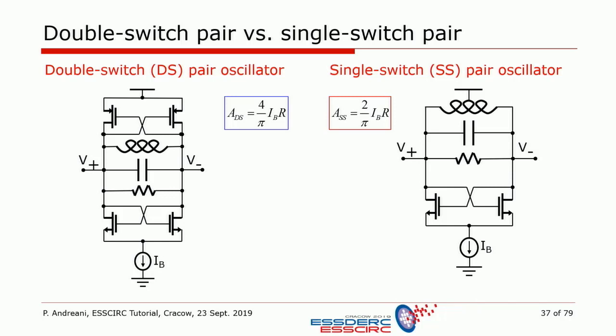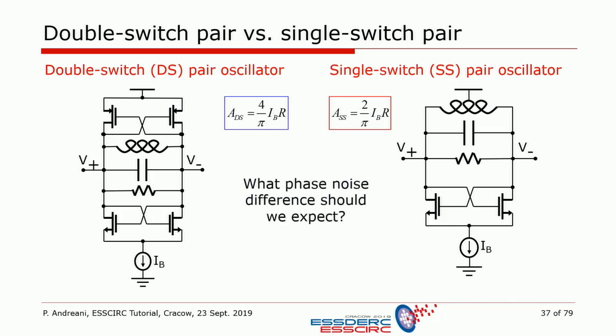We also remember that if we have enough VDD and everything is exactly the same, then for the oscillator on the left with a simple differential pair, the oscillation amplitude is half of the oscillation amplitude of the one on the right. So the one on the right has double the oscillation amplitude of the one on the left.